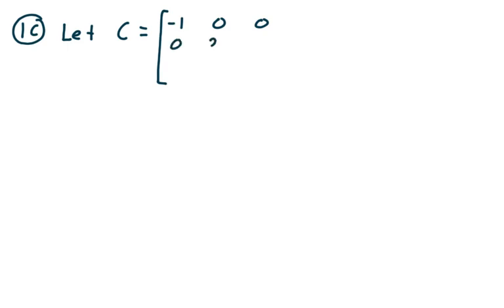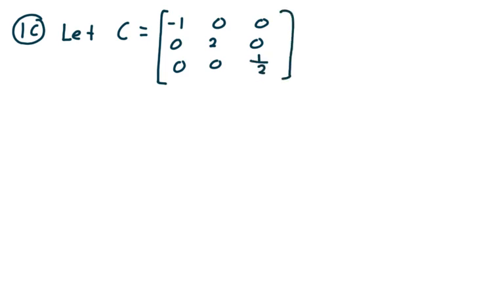Let's take a look at 1C. So we'll call it capital C, equal the matrix, and this one happens to be 3 by 3. So it will be -1, 0, 0, 0, 2, 0, and then 0, 0, 1/2.